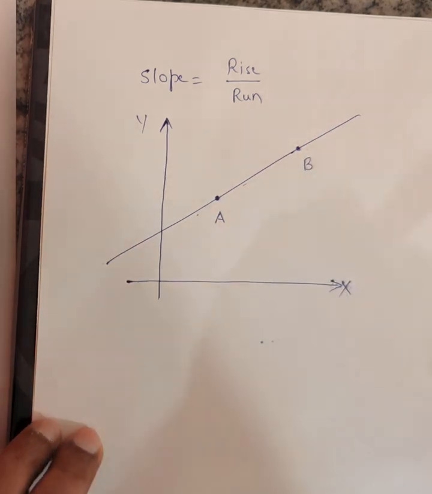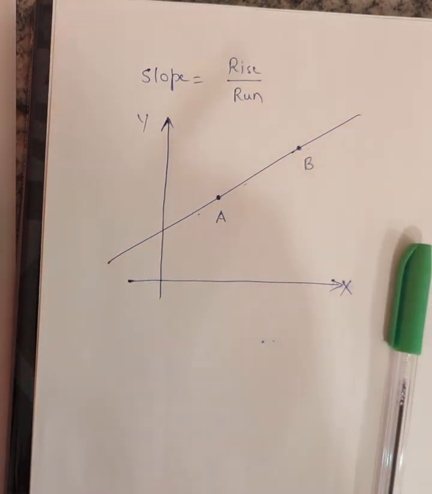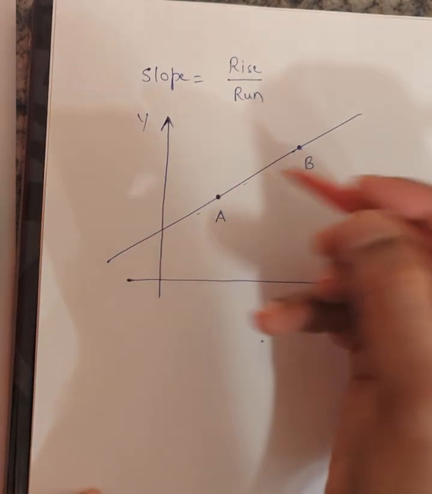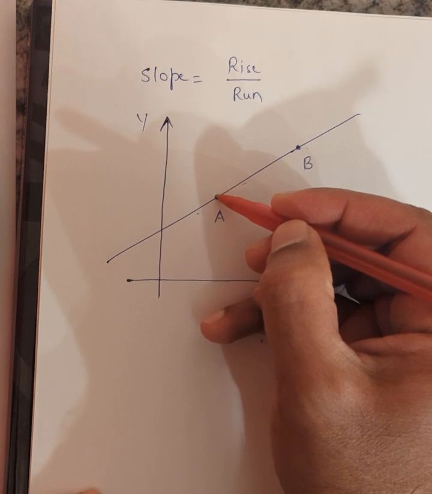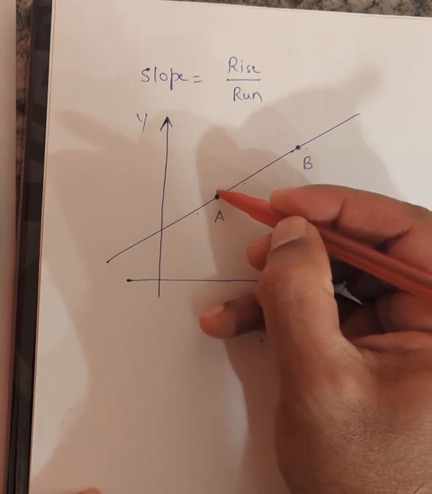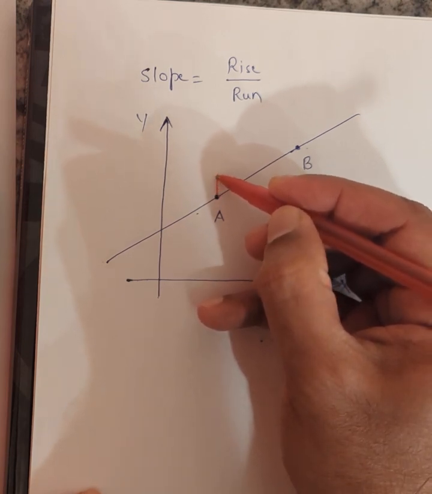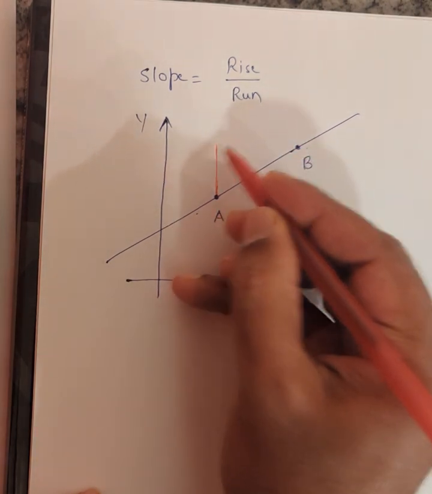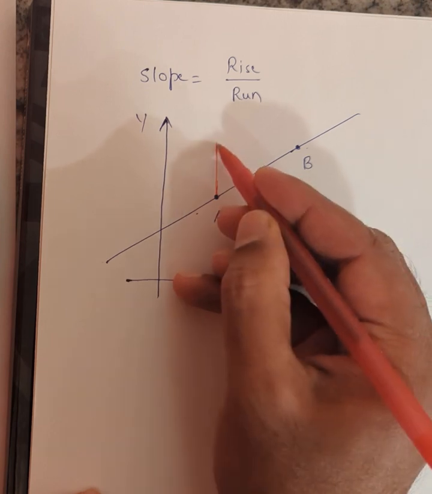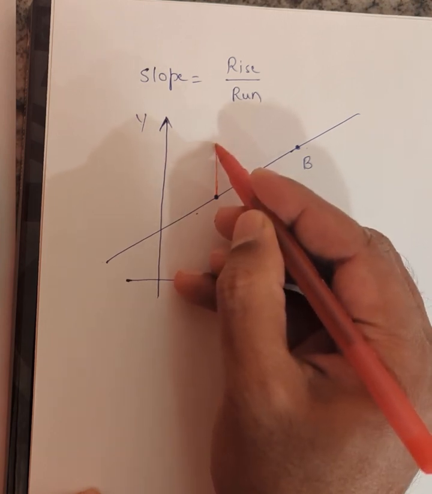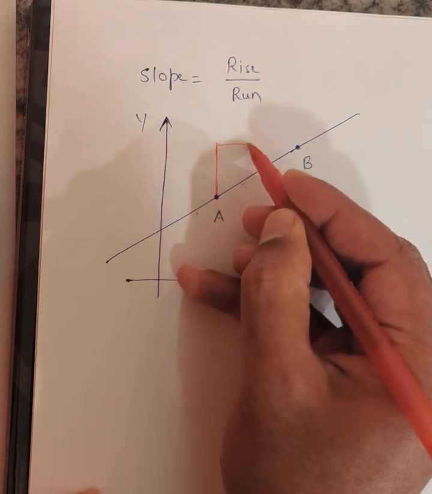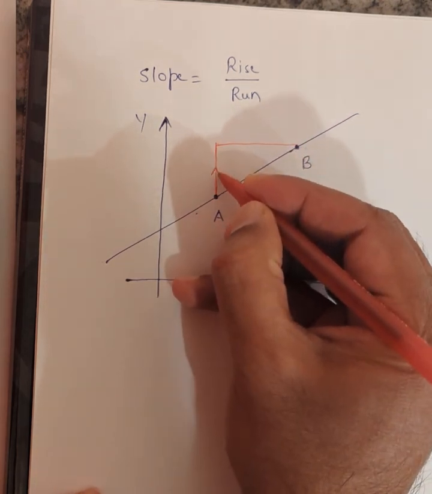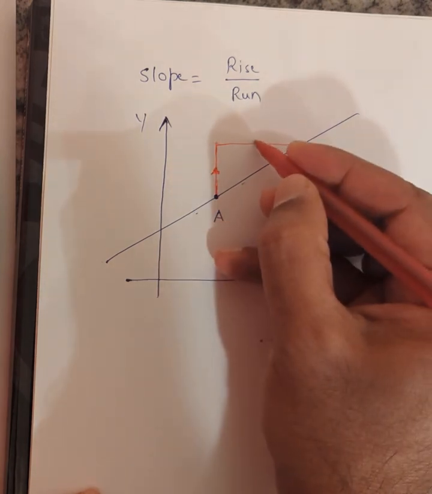So rather than following the line, what I will be doing is I'll be starting at the first point and I'll be going in the vertical direction. So up and down direction. So I need to go up first and then I'll have to turn right and go in the horizontal direction. So this is what I'm doing.